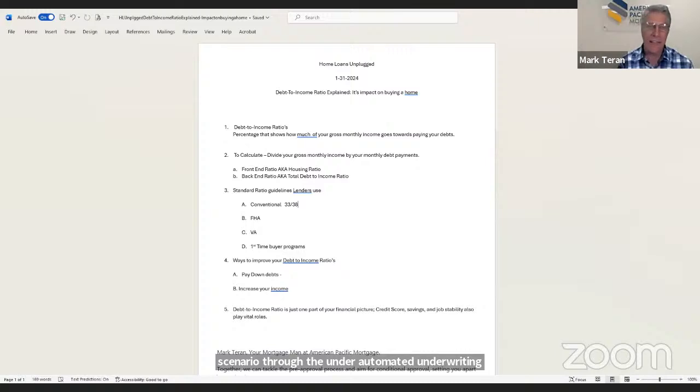It's not only looking at the debt and income ratios, but it's also looking at the savings, the credit, the job stability, the overall picture of this loan. And in doing that, in a lot of cases, it will allow us to go much higher on those debt to income ratios, the housing ratio and the total debt to income ratio. It's allowed for a lot more flexibility than we ever had before those systems were available.